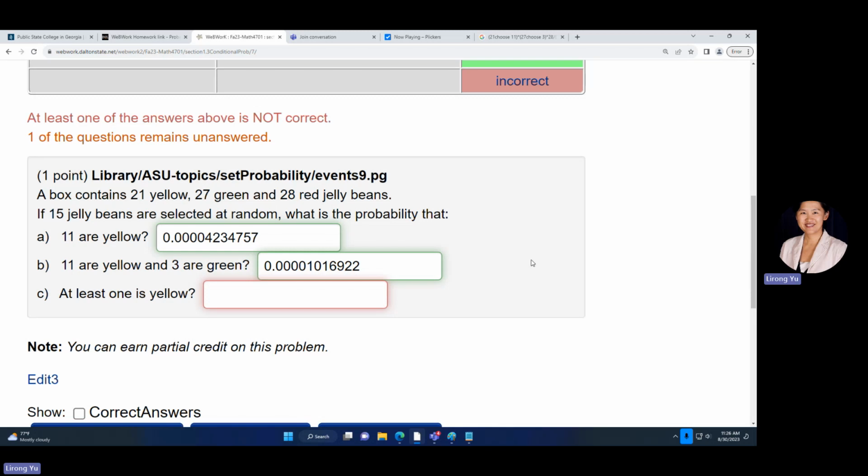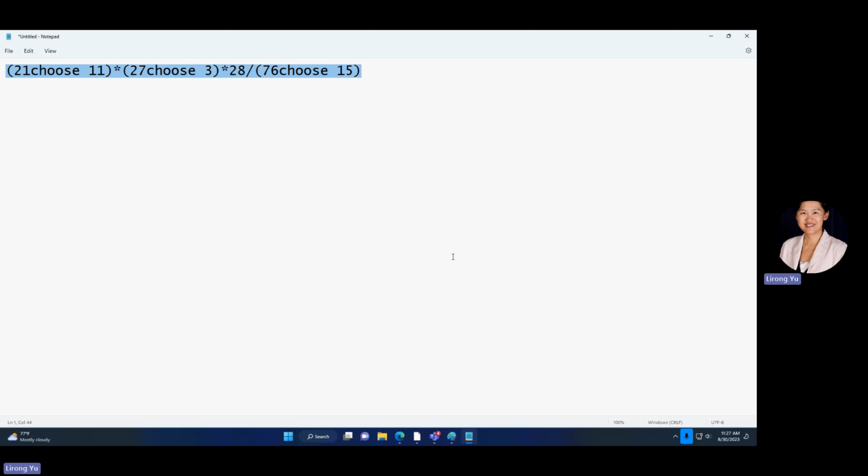But even if we wish to calculate no yellow, that means the 15 of them could be green or red. That is still a whole lot of scenarios to consider, right? The numerator is really large. So there we have it. Let's go ahead and calculate it.